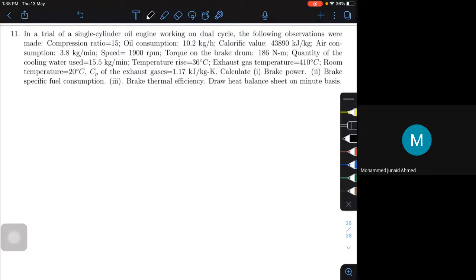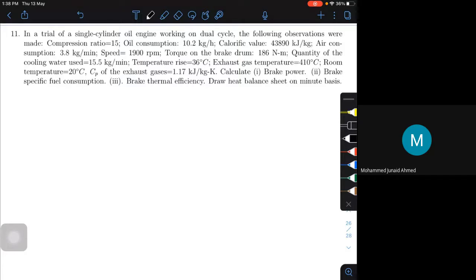Room temperature is 20 degrees Celsius. Cp of the exhaust gases is 1.17 kilojoules per kg Kelvin. Calculate the brake power, brake specific fuel consumption, brake thermal efficiency, and draw the heat balance sheet on the minute basis. In the previous problem it was on the second basis, that's why it was watts actually. Here we have to draw it on the minute basis.